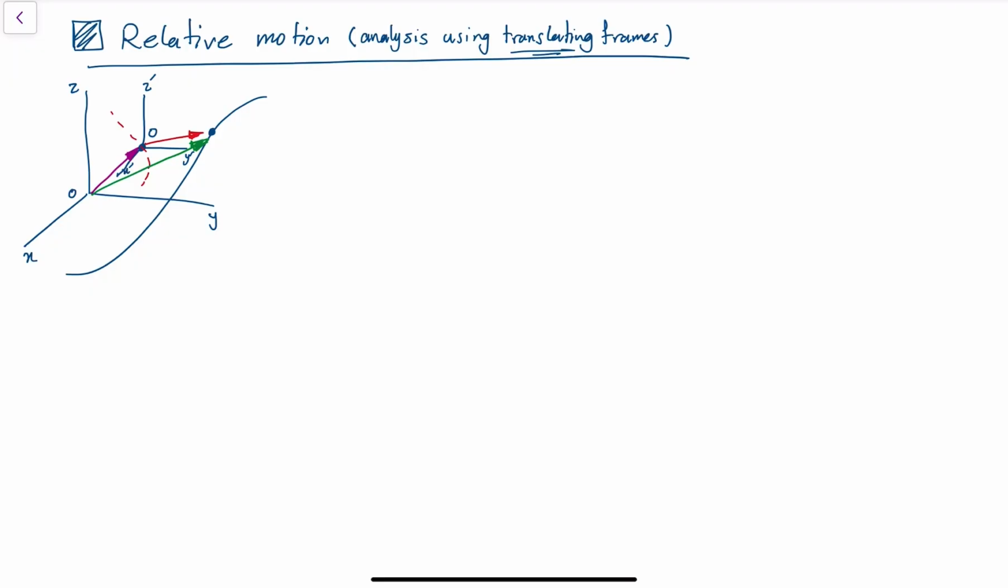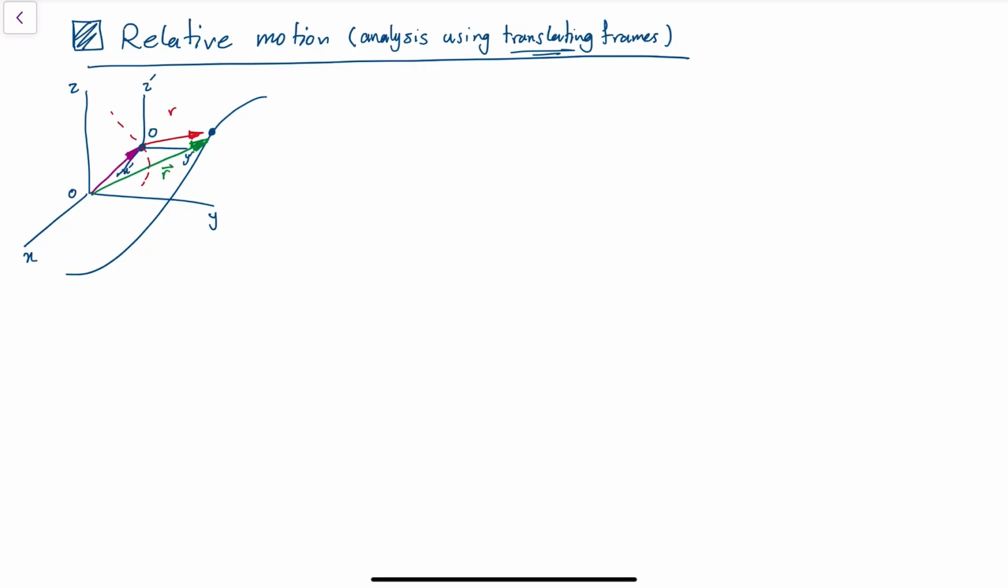Now here is the situation. The motion of the main particle, let's describe it with position vector R. What this moving observer measures is another position vector.